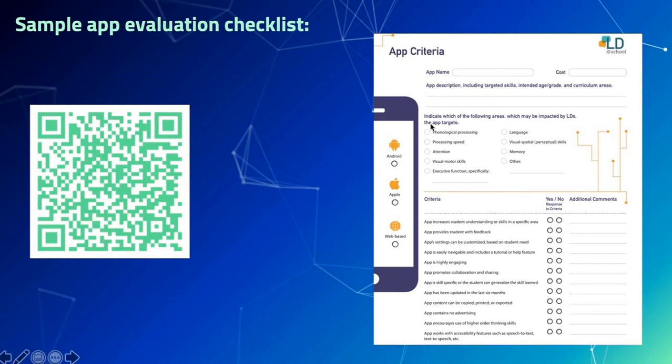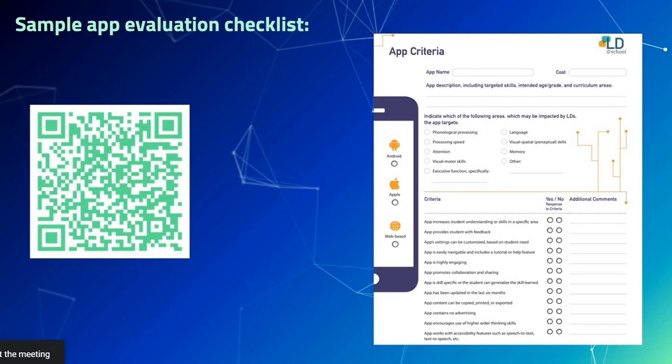Now indicate which of the following areas may be impacted for your learners. The app targets, for example, phonology, attention, visual motor skills, language, memory, visual spatial, or perceptual skills. Which skill are you targeting that your students need to develop when they are doing this activity using this app or website?